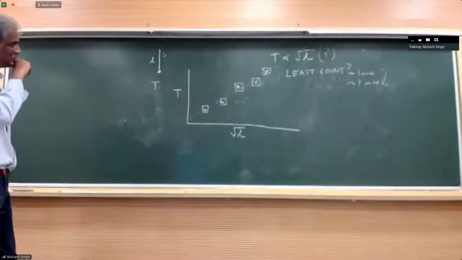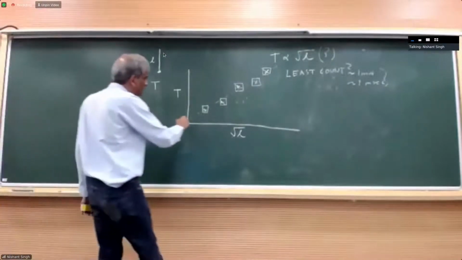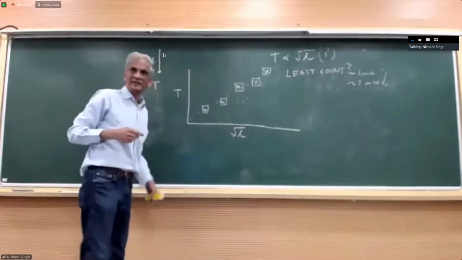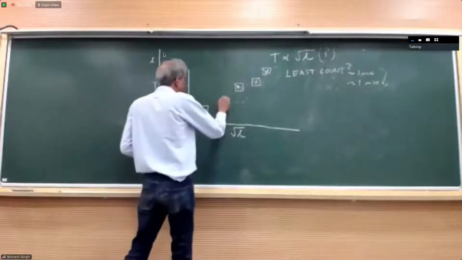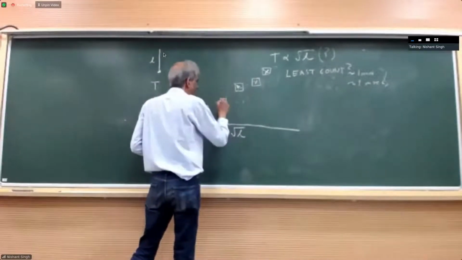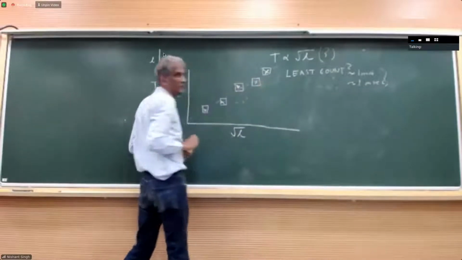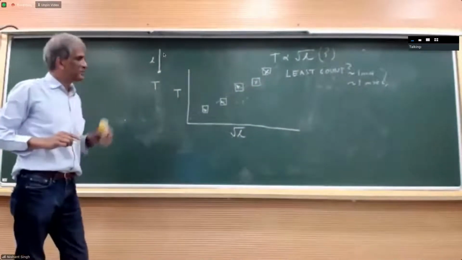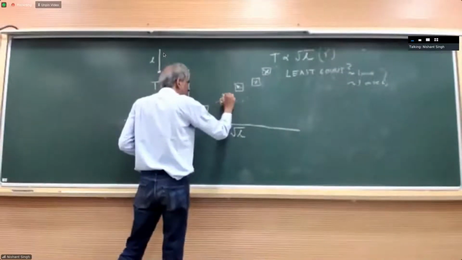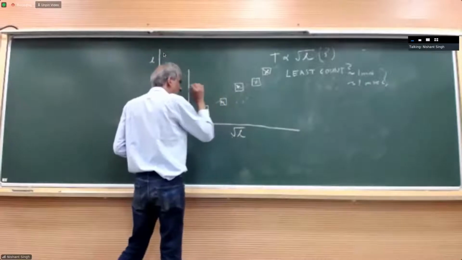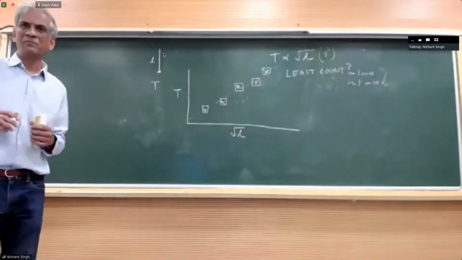And what do I do? I say I should pass through the point. But passing through a box like this, it either passes through or doesn't pass through. There's nothing like being on the edge, because these numbers are defined as integer multiples of the least count. So the line will pass through, or if it is just a little bit away, we can start complaining that it has not passed through.